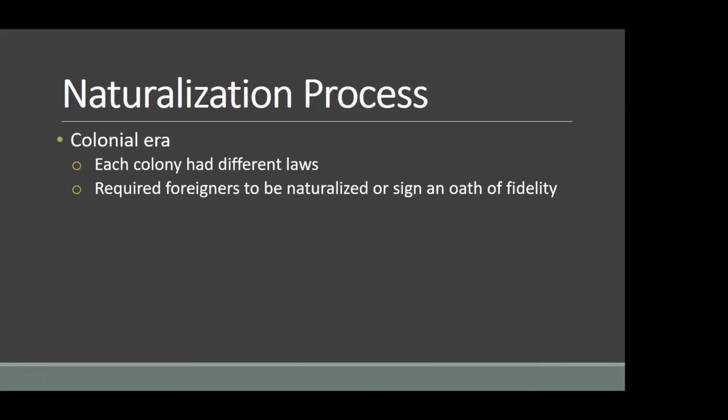This is where we can start finding records. Many decreed that the ship's captains must provide a manifest and appear before the council to report the number of immigrants and attest to their character for them to enter a colony. And so that's where we start to get this passenger list, but also the ship's captain is attesting to the character of the person coming into that particular colony.